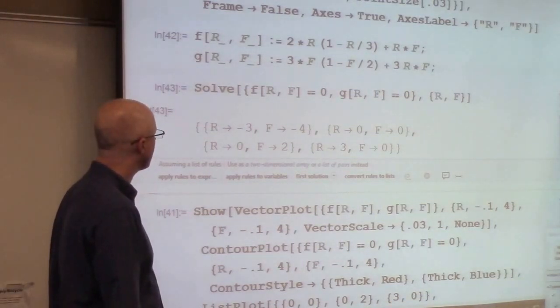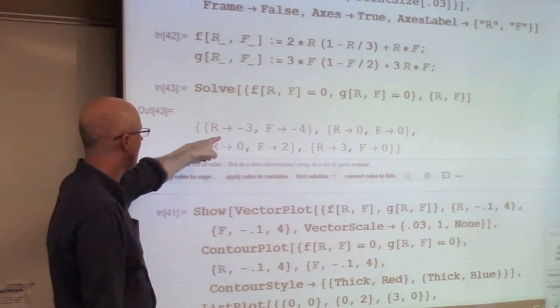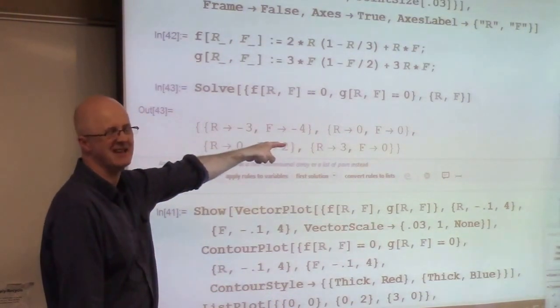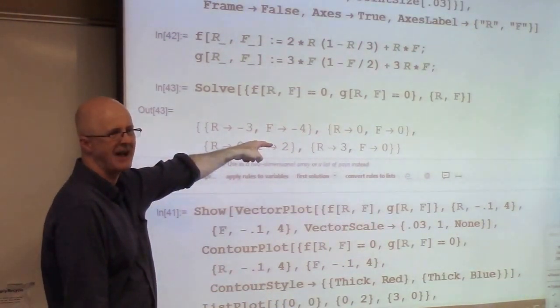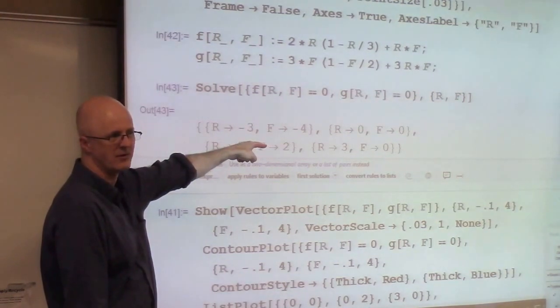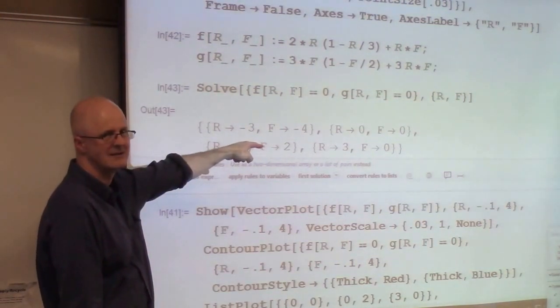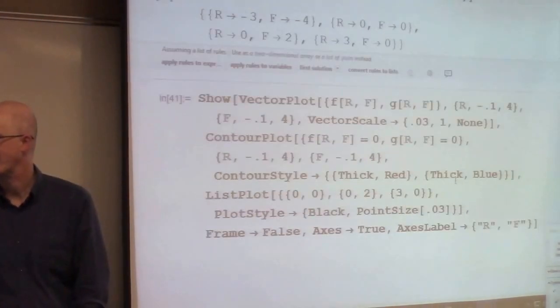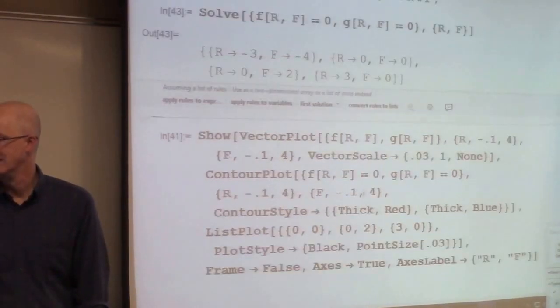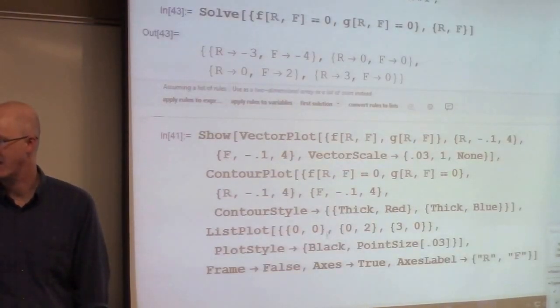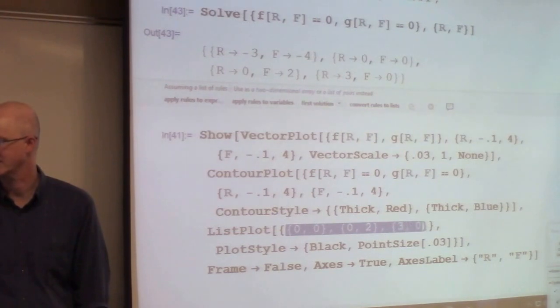Same equilibria as before along the axes. One set of equilibria is negative. I guess that doesn't really have any relevance for the rabbits and foxes, though. So as far as we're concerned, these three equilibrium points are still the same.